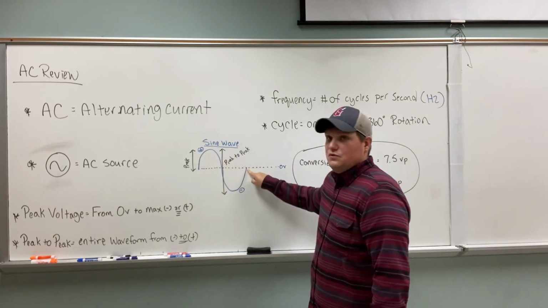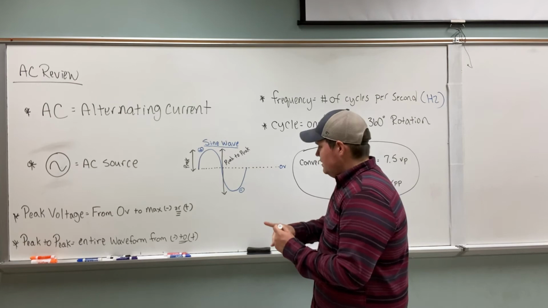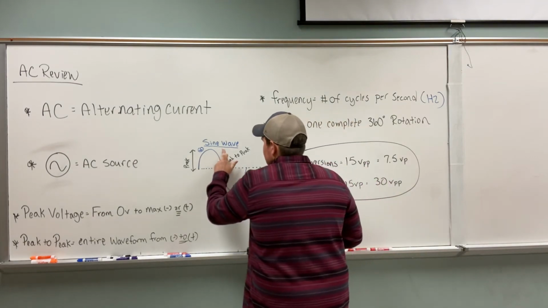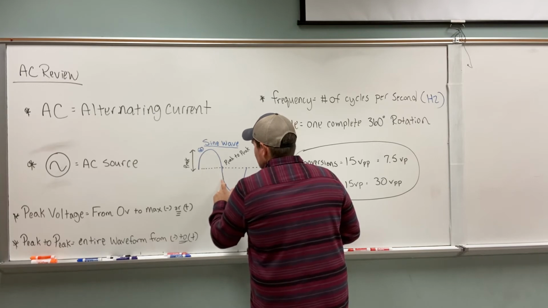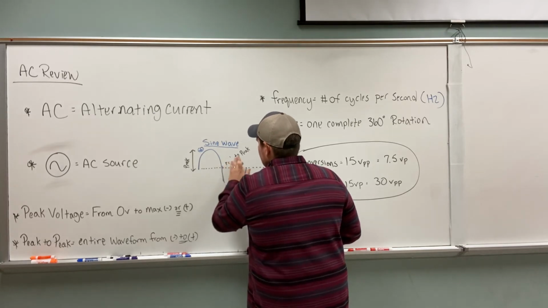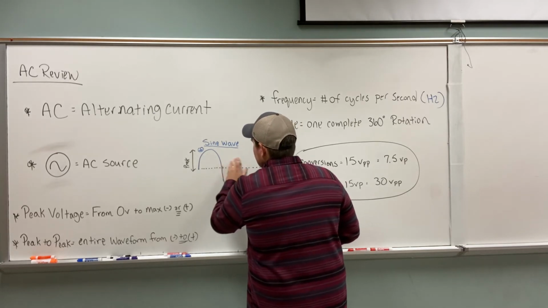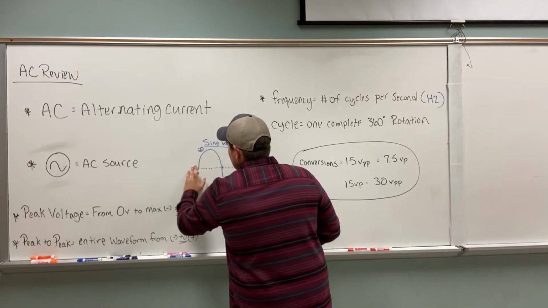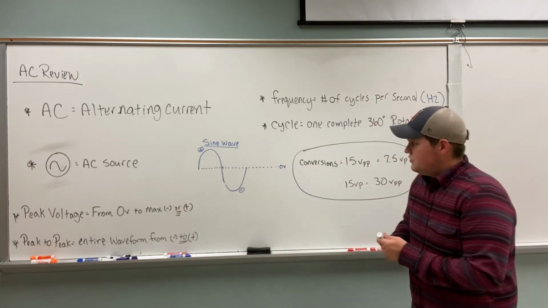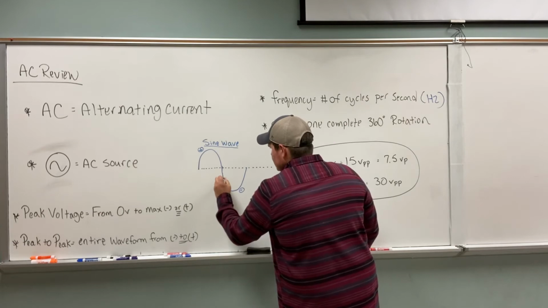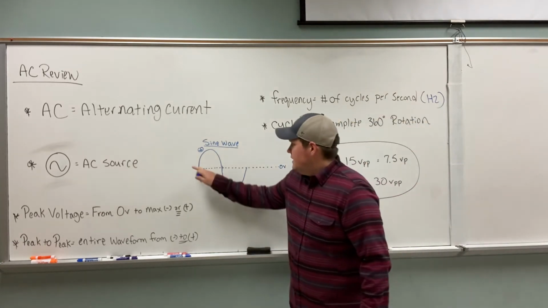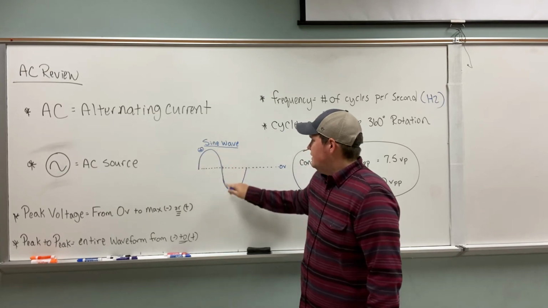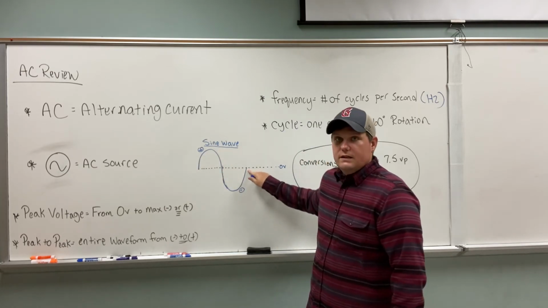This is our downswing. Okay, so I'm going to erase some of this just so we have a good, clear view of our waveform. All right, so here's our waveform. 1 cycle. Okay, so this is our upswing, this is our downswing.